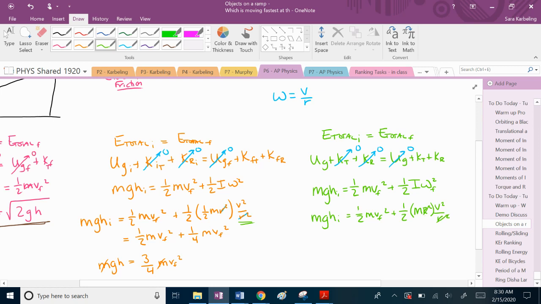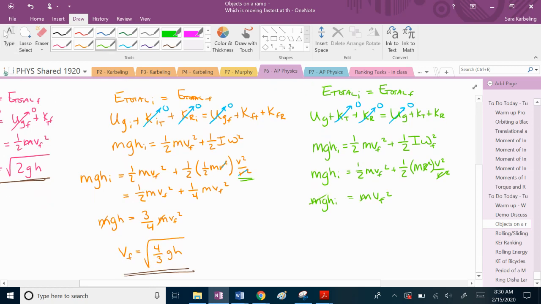In this case, that's 2/2, or 1. So this is just mgh initial is equal to mv final squared. Easy to solve for that. The m's go away, and we can see that v final in this case is just the square root of gh. Oh, I'm so used to writing a 2 there. Sorry about that.